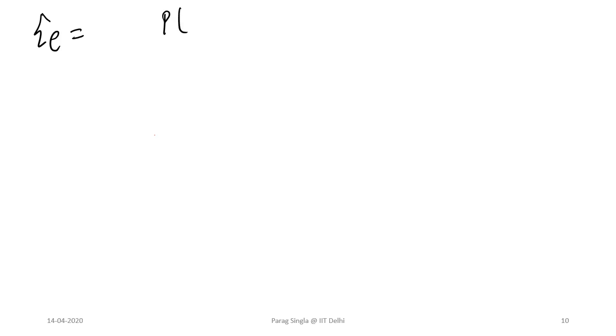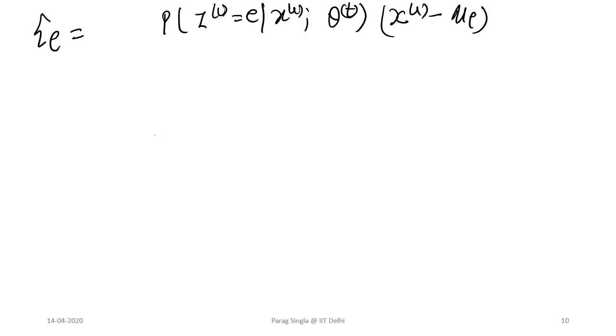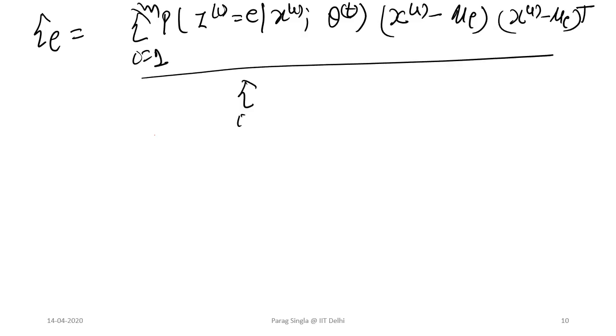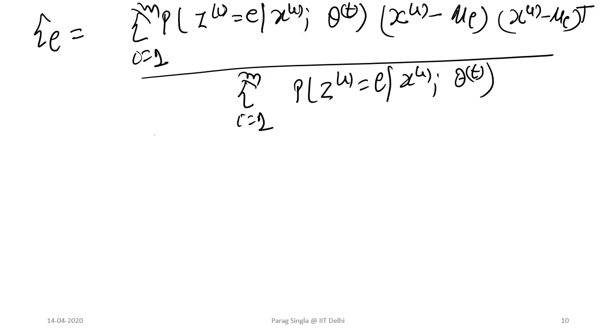Using the soft assignments, the sigma L will be nothing but the sum over i equal to 1 to m of P of Zi equal to L given Xi parameterized by theta at time t, times Xi minus mu L times Xi minus mu L transpose, and then divided by the sum over i equal to 1 to m of P of Zi equal to L given Xi parameterized by the parameters at the previous time step.